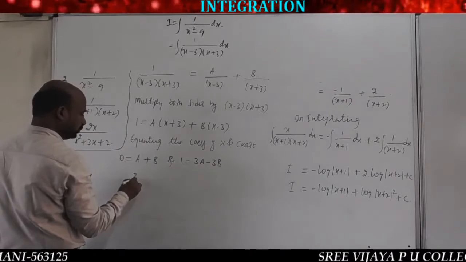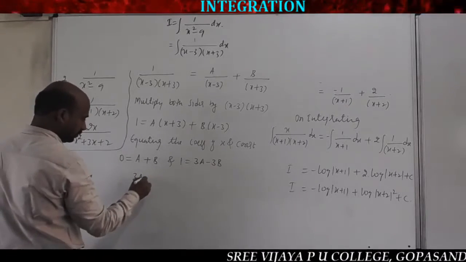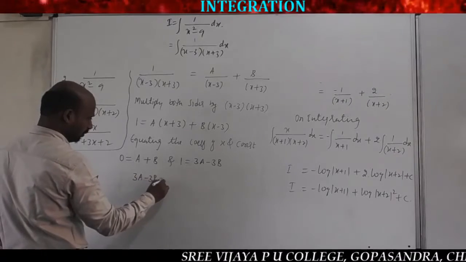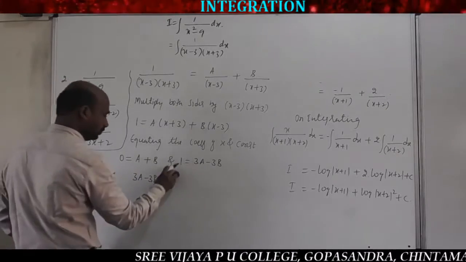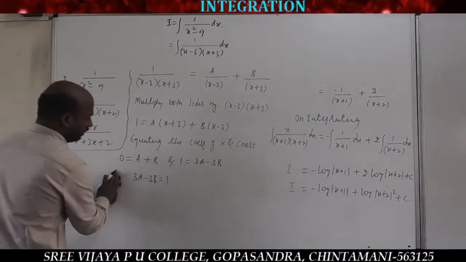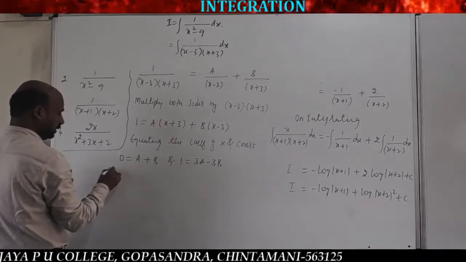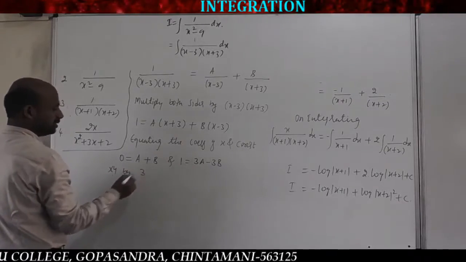So we have 3a minus 3b is equal to 1. And a plus b is 0, so better multiply this equation by 3. Multiply by 3.